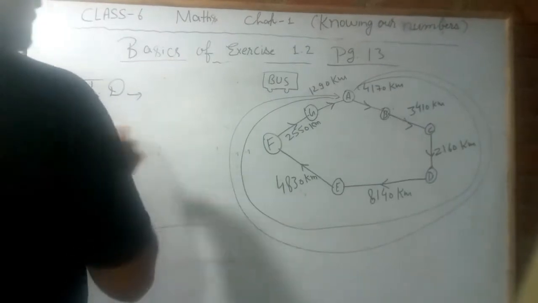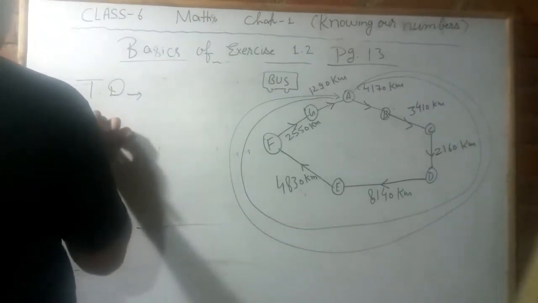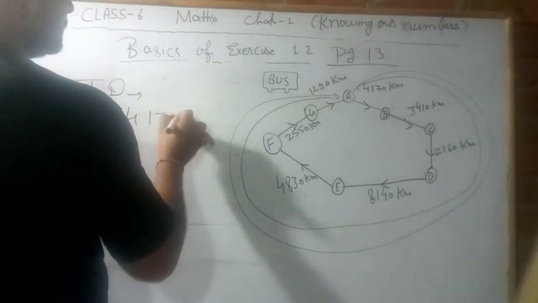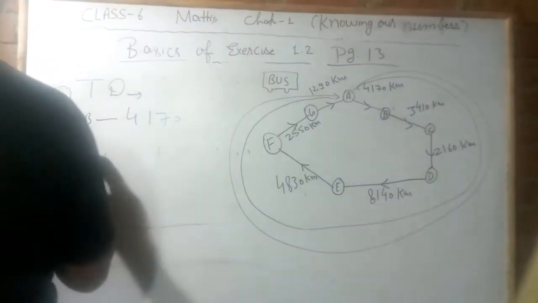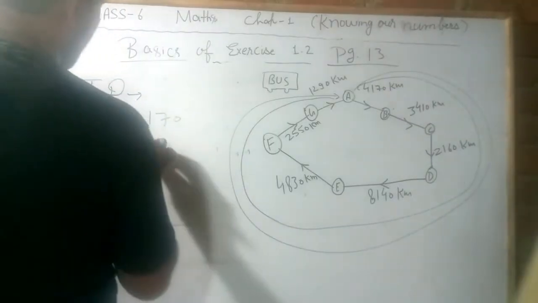So I am simply adding all. A to B, 4,170. I am not writing kilometer this time. Now B to C, 3,410.